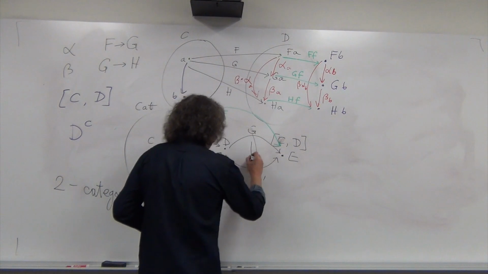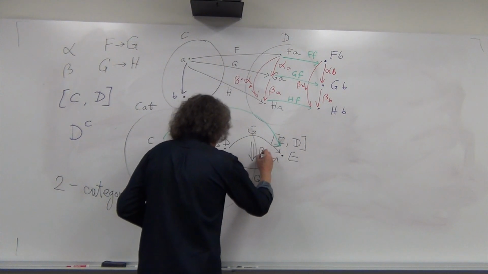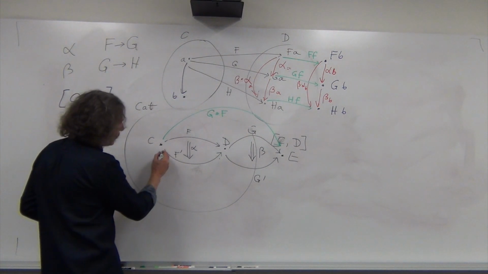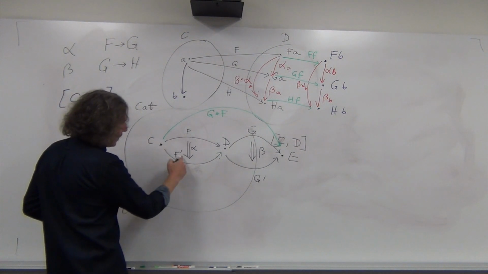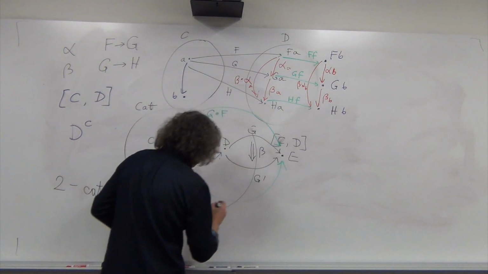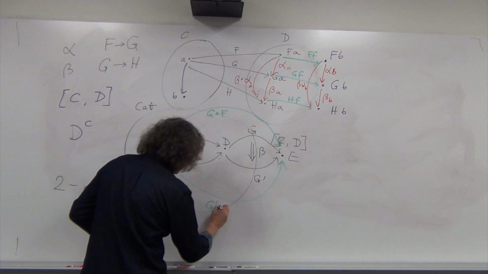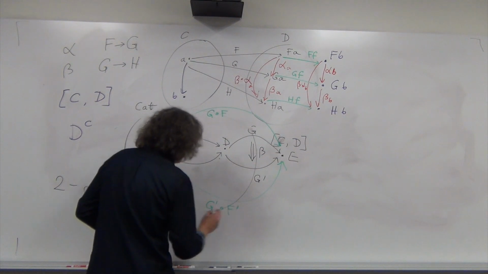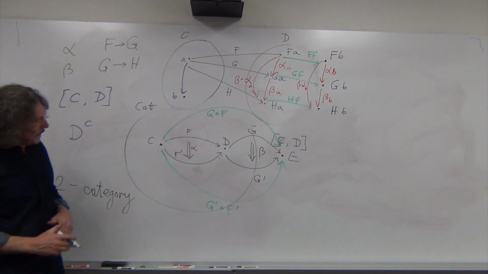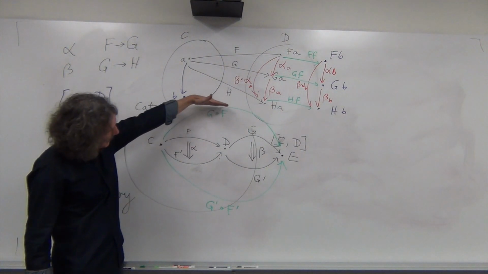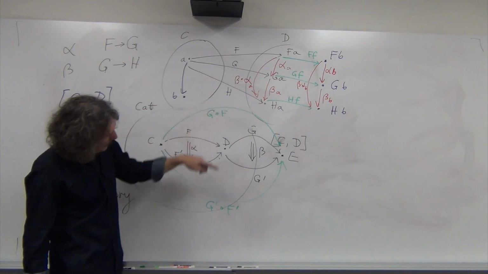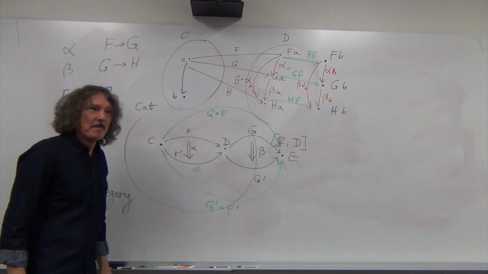And let's say this is beta. Now look what I can do. I can compose G prime after F prime to get this guy, G prime after F prime. Okay? Now, is there a natural transformation between G after F and G prime after F prime?